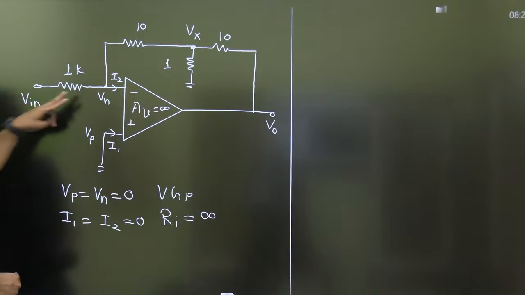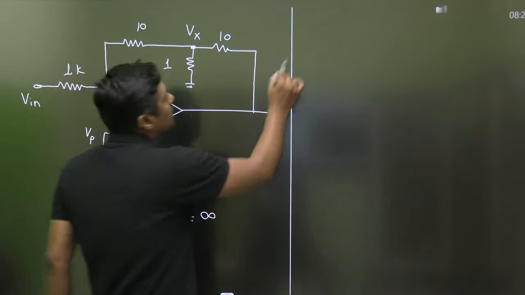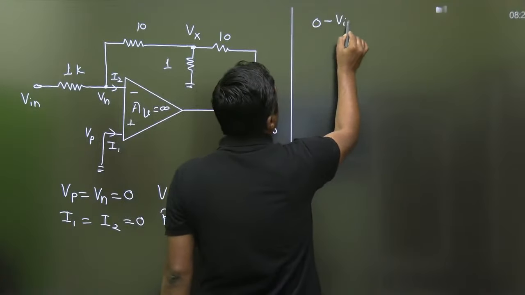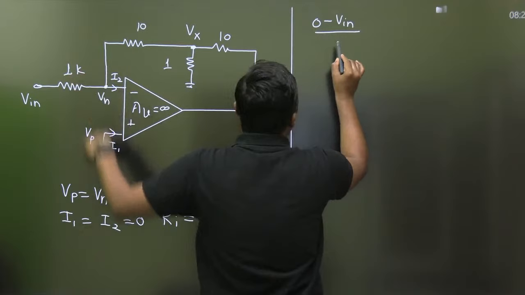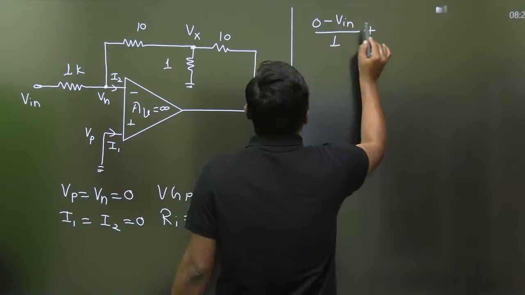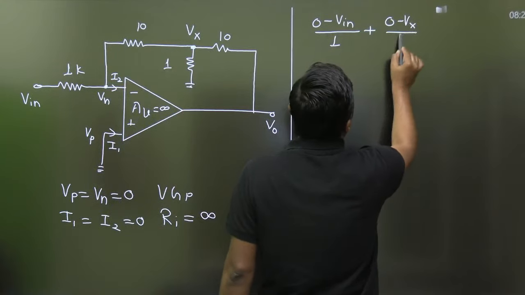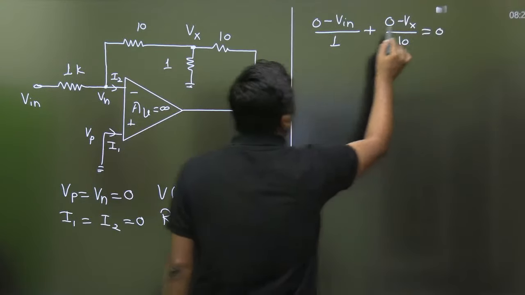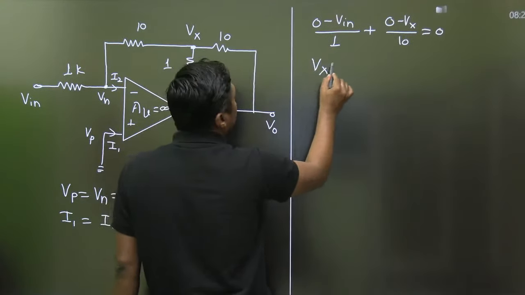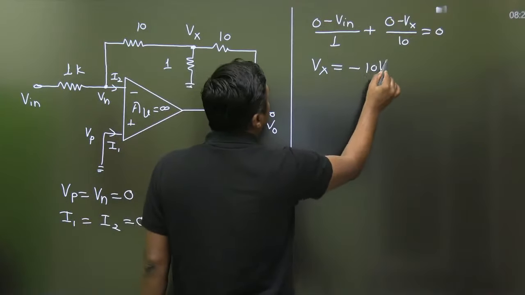KCL at Vn: (0 minus Vin) divided by 1 kilo ohm plus (0 minus Vx) divided by 10 kilo ohm is equal to 0. From this you get Vx is equal to minus 10 Vin.